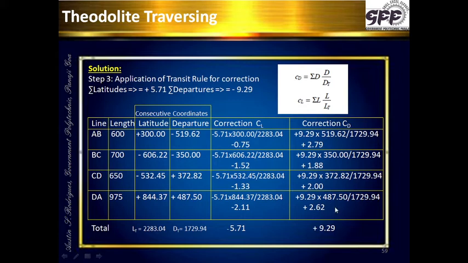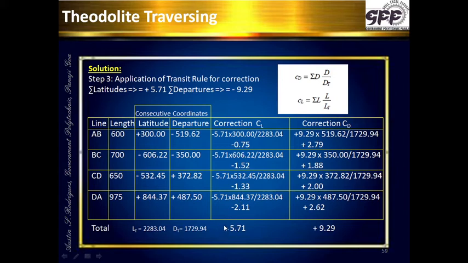Coming to correction of departure, plus 9.29 into its individual departure 487.50 divided by sum of all the departures without considering the sign, that is 1729.94. That comes to plus 2.62. Now look at this. Minus 0.75, minus 1.52, minus 1.33, minus 2.11.